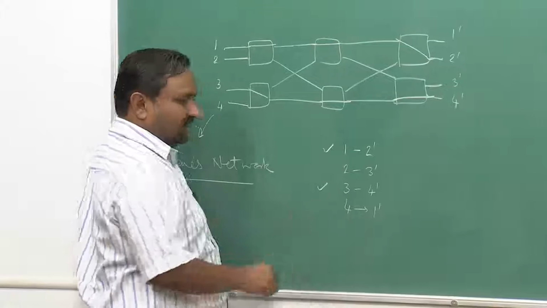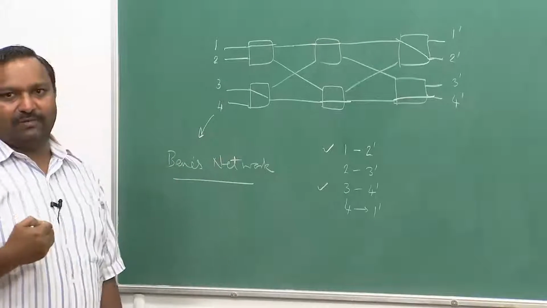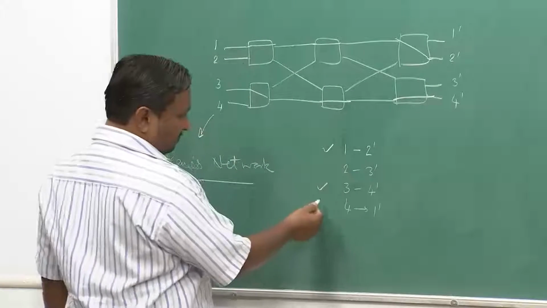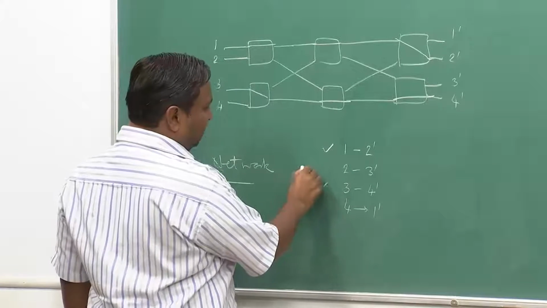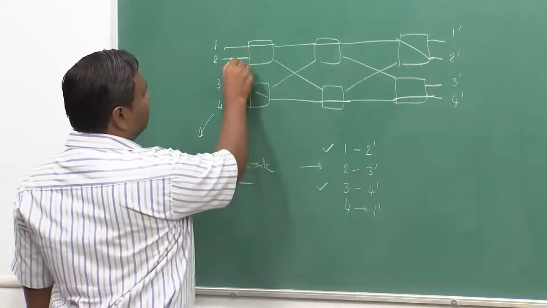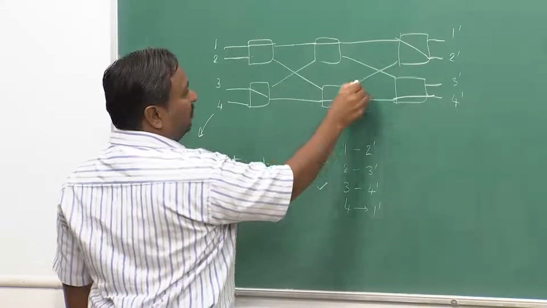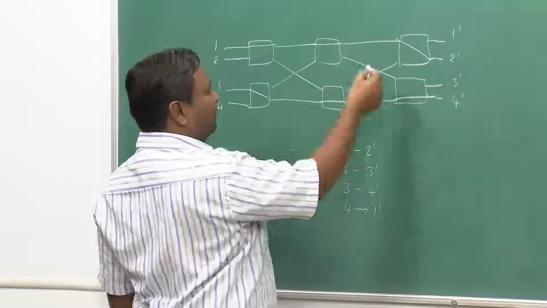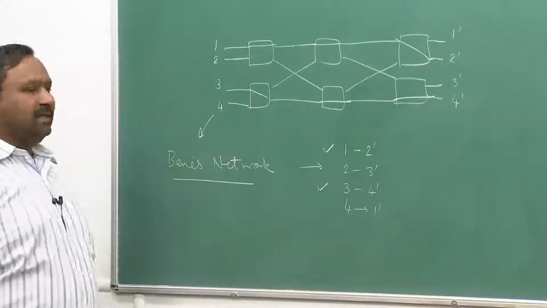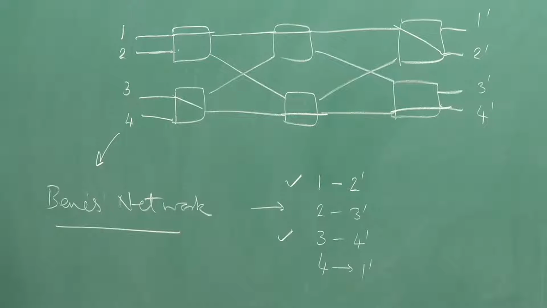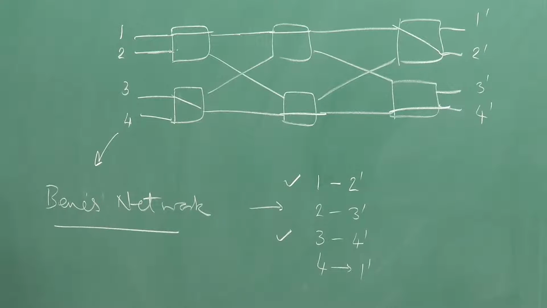I have done it intentionally in a certain sequence, so that you can see the blocking happening. Now, can I set up 2 to 3? I try it out. 2 to 3 I can only connect through this route, but I have no path to 3. I can set up only 2 to 1 prime, or only 4 to 3 prime. So, connection is not possible.